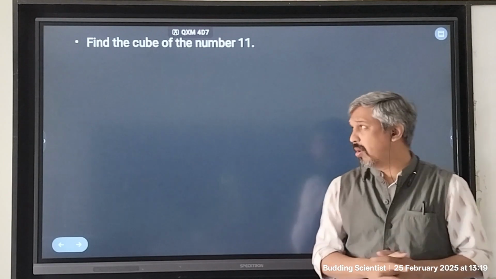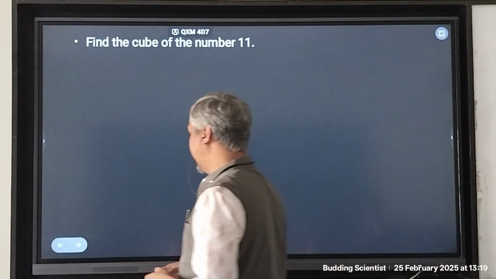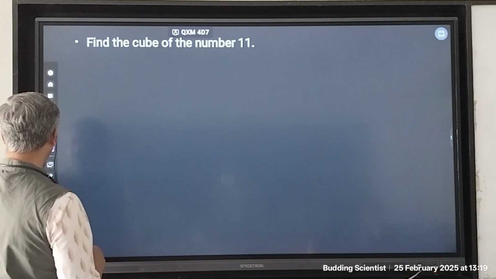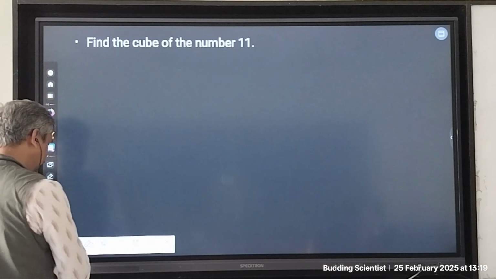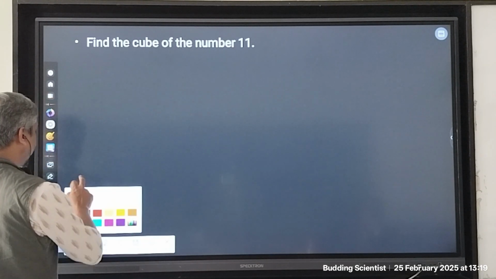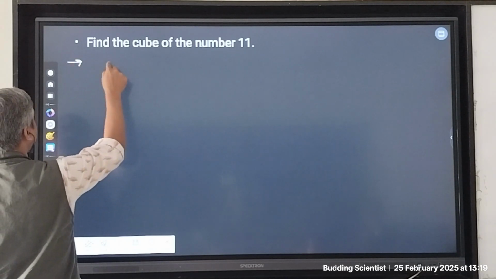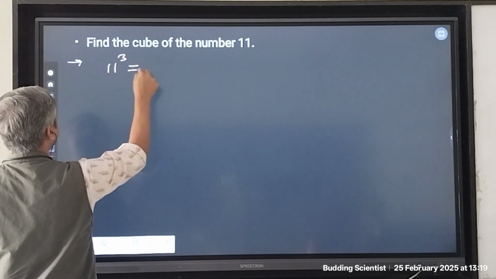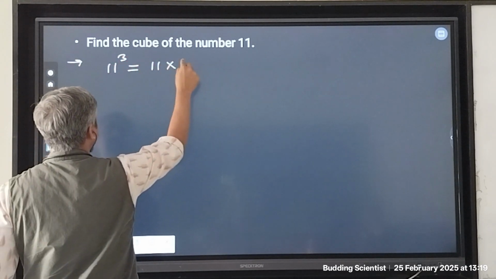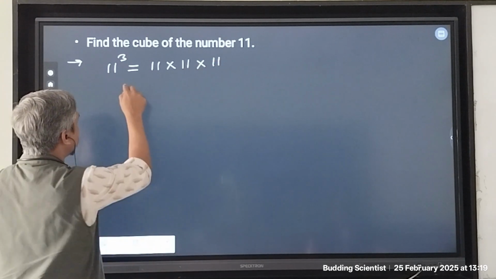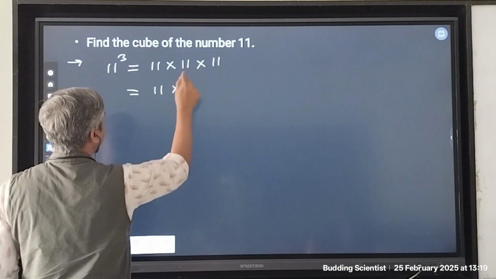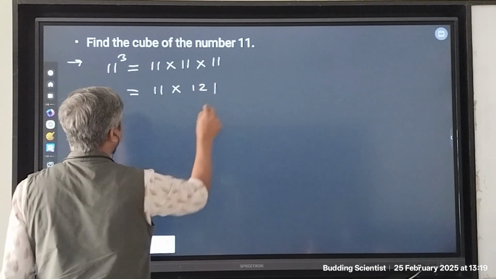Find the cube of the number 11. Now this is not something that I would like to solve, but the problem is this is the first question. So I think I'll solve it. So I'm saying 11 cube is equal to 11 into 11 into 11. 11 into 11 is 121.